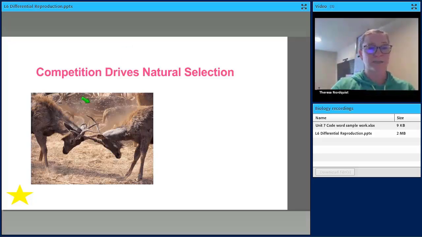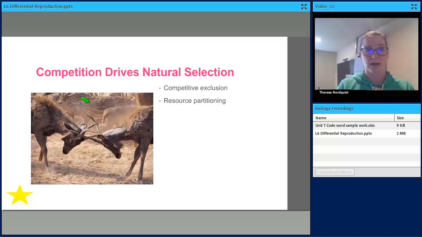With this picture of the deer, the one with the bigger antlers could be the one that wins. Possibly it's the bigger antlers, maybe it's stronger in other ways. But anyhow, it can pass on those good traits, and in time, you might have bigger antlers for all your deer. With that, you can talk about competitive exclusion and resource partitioning.